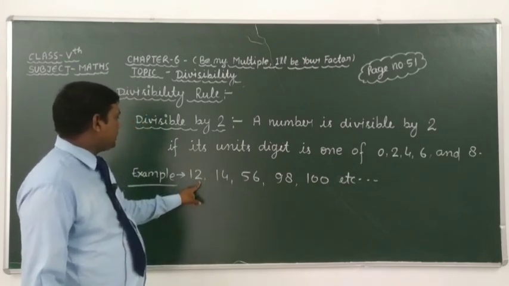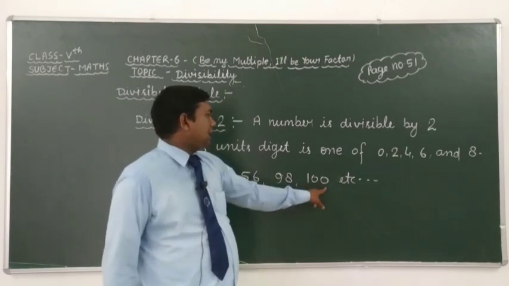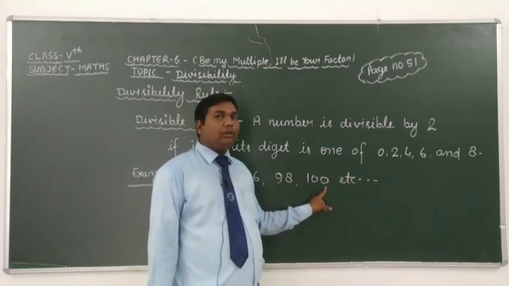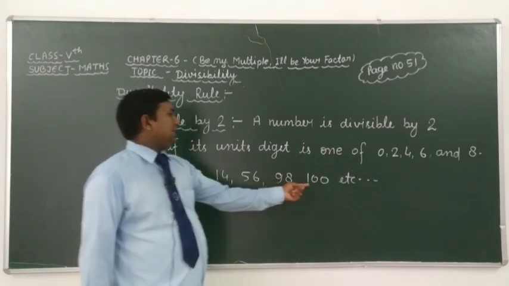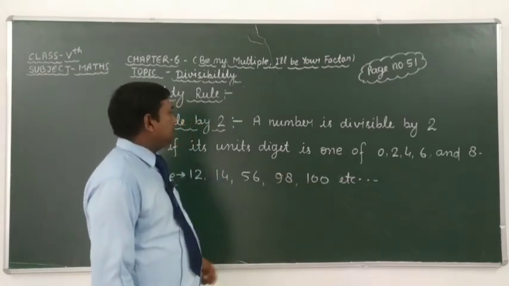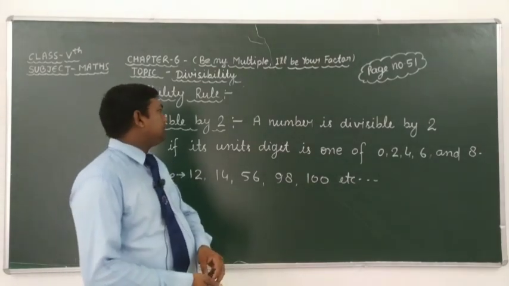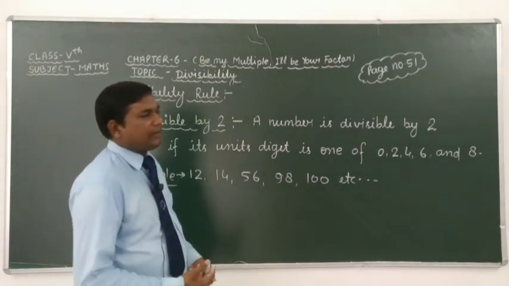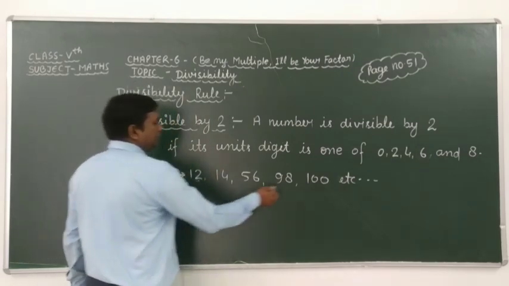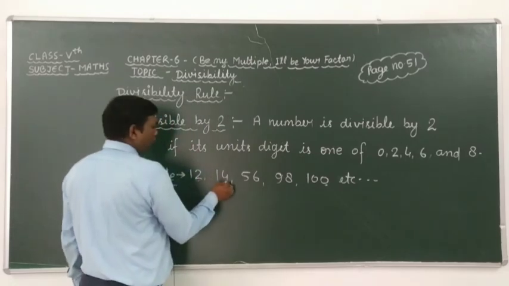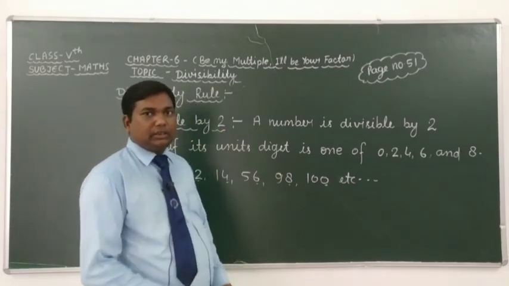In units place, here given that 2, 4, 6, 8 and 0. Therefore, we can say that 12, 14, 56, 98, 100 are divisible by 2. Okay, students? It means that a number is divisible by 2 if its unit digit is 0, 2, 4, 6, 8.